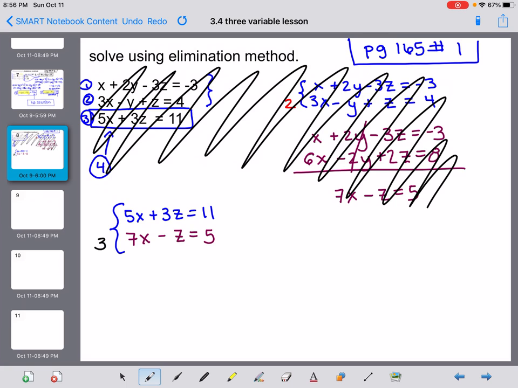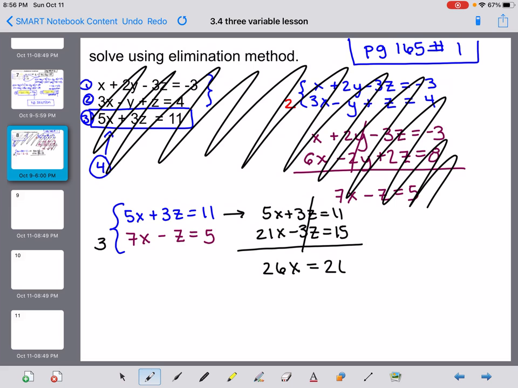I like elimination, so I'm going to go for that. This would be 21. Being very careful to watch my arithmetic. So 26x equals 26. So x equals 1. Right, so it's part of my answer.